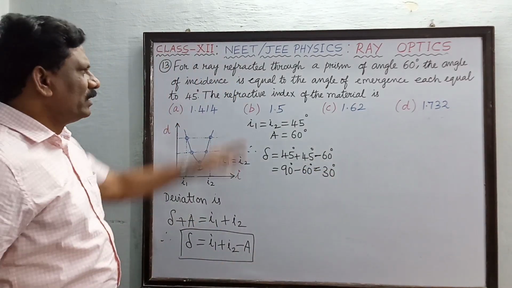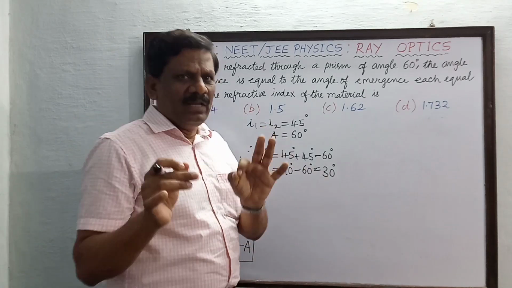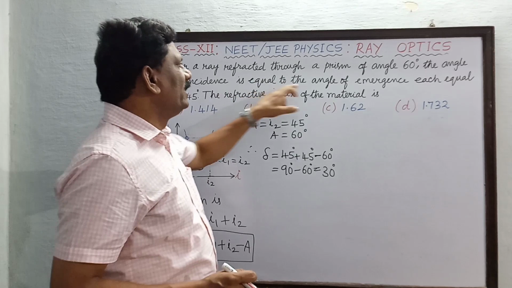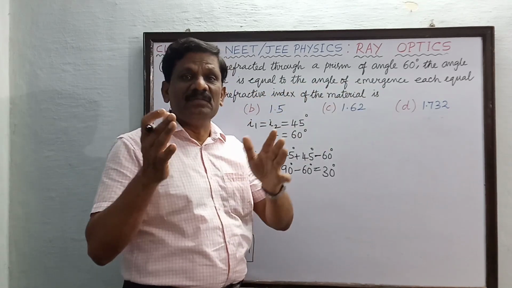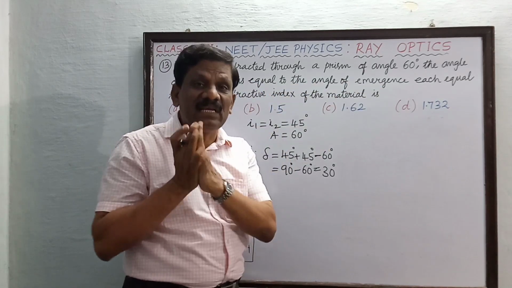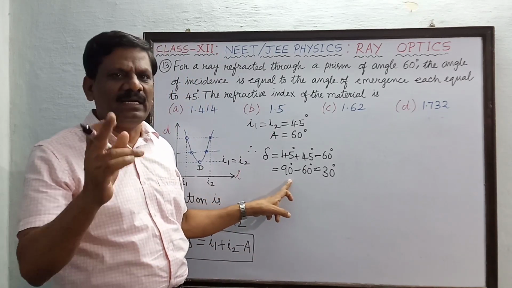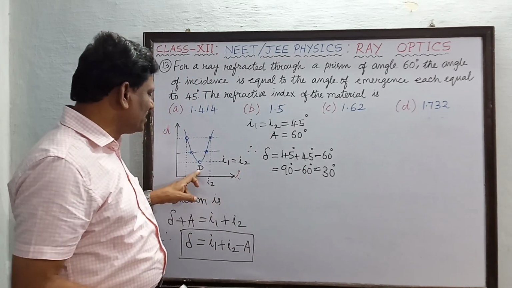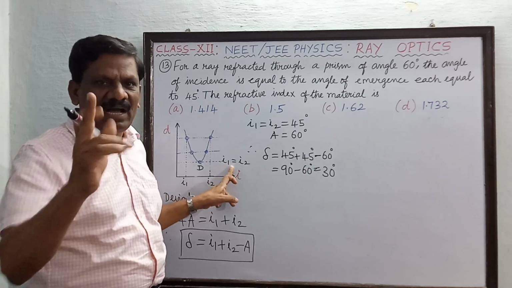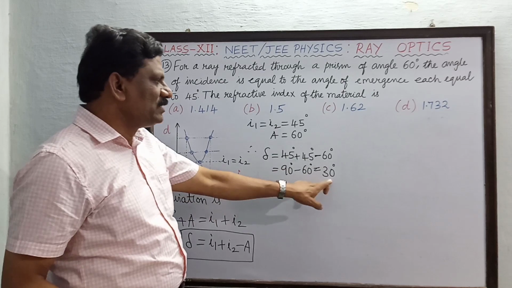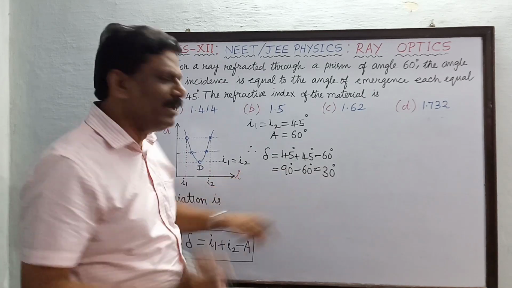Here one beautiful sentence is given. You see here, the angle of incidence is equal to the angle of emergence. That means our mind should tell us that this is the minimum deviation, because at the minimum deviation position only i1 will be equal to i2. So indirectly they have given the deviation produced, 30 degrees, as the angle of minimum deviation.